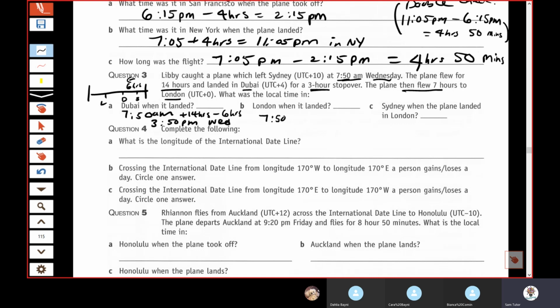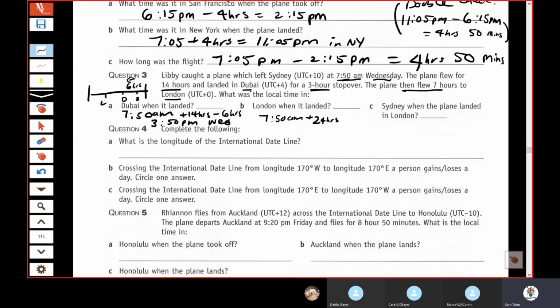So 7:50 a.m. You had a 14-hour flight plus a 3-hour stopover plus another 7-hour flight. Cool? So we had what? 14 plus 3, 17. 17 plus 7, that's 24 hours of pretty much flying.